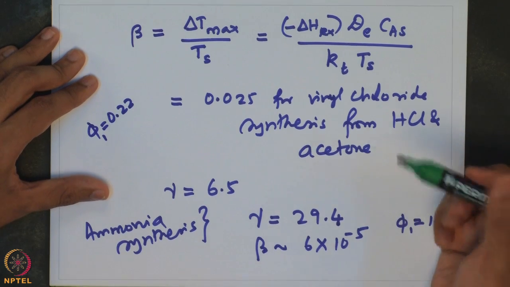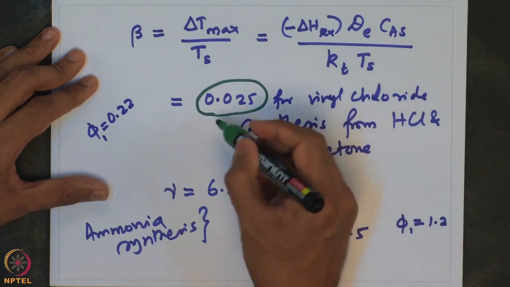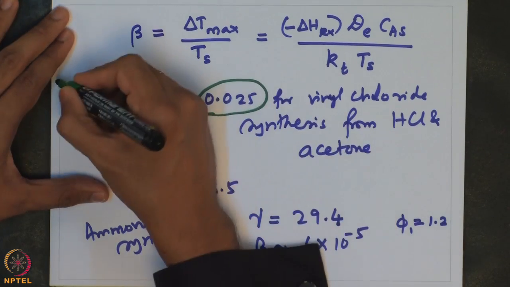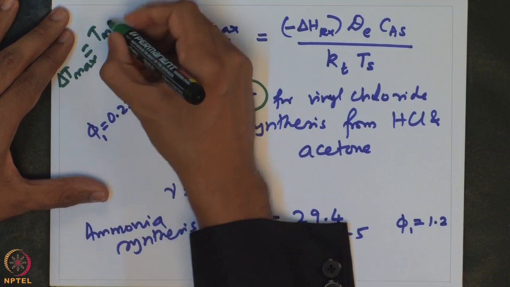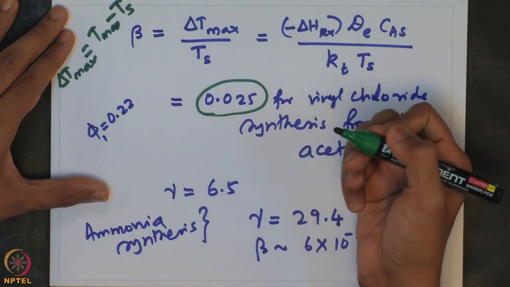The maximum temperature rise achieved at this value of beta would likely be very small, because delta T max is the maximum temperature inside the pellet minus the surface temperature.